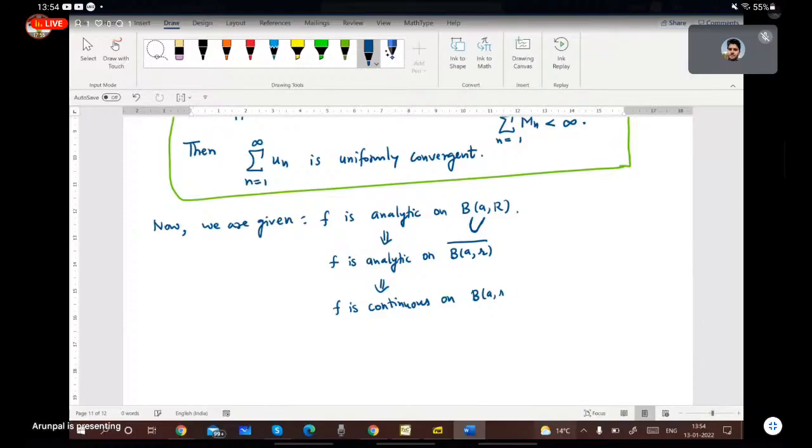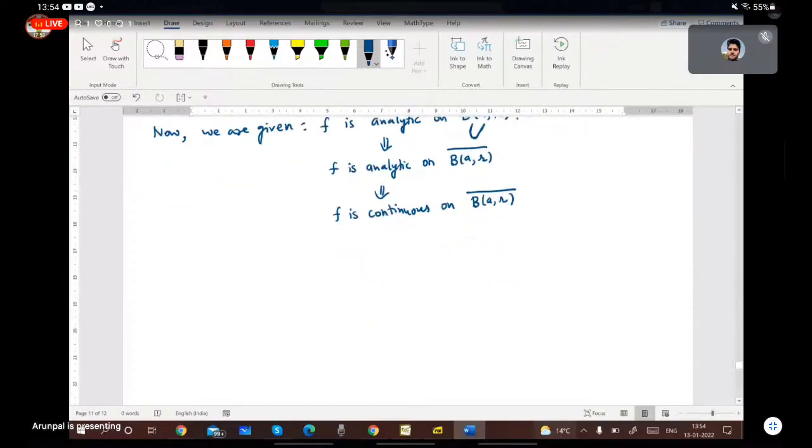Yes, sir. So it is continuous on the ball. And now I am going to use that fact. So class, basically, this is a compact set, being closed and bounded. A compact set in C, right class?